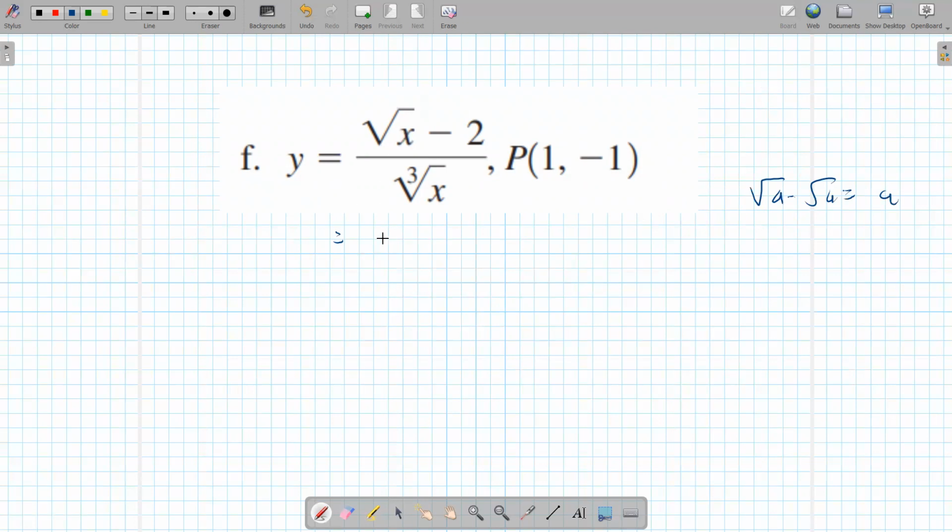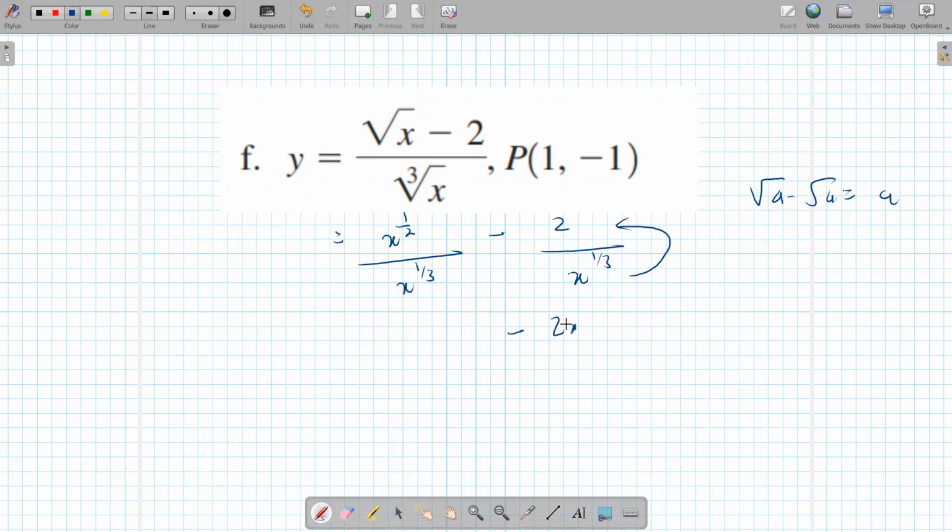I can rewrite x as x to the power of 1 over 2. How do we rewrite the denominator if I want to write that in exponential form? X to the power of 1 over 3? Yeah. Same thing here. We're going to split them apart, and now I'm going to move both of them up.